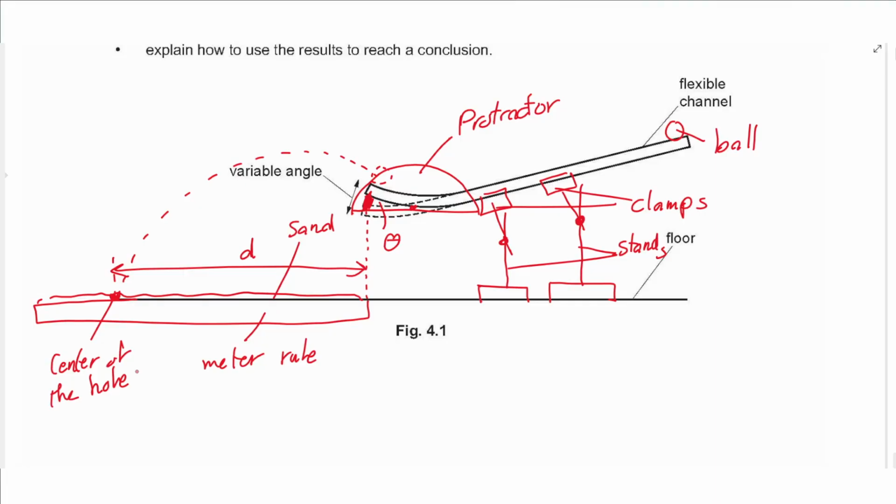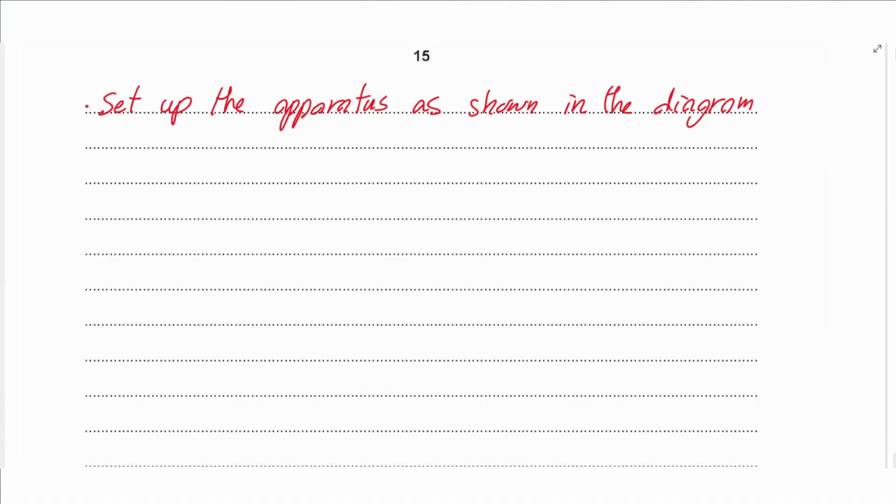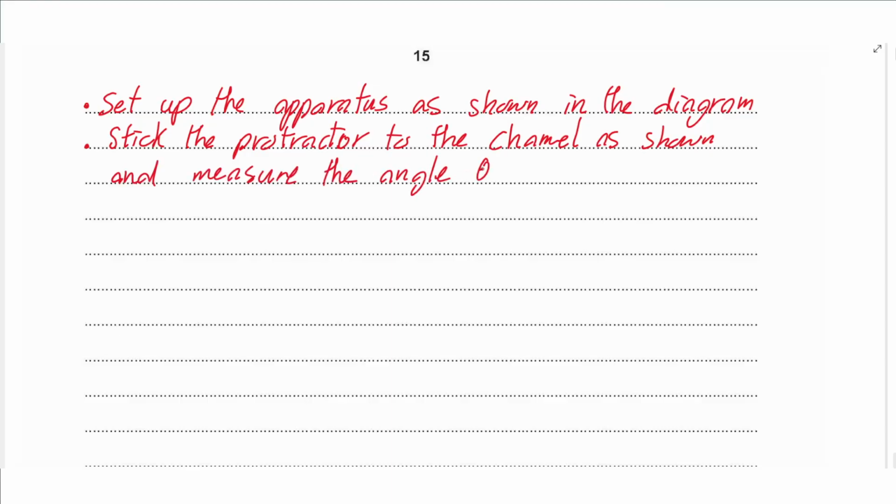And since we put all this information on the diagram, when we write down the experiment, we just say set up the apparatus as shown in the diagram, and we can write the rest of the steps as bullet points. We can say stick the protractor to the channel as shown and measure the angle theta looking perpendicular to the scale.